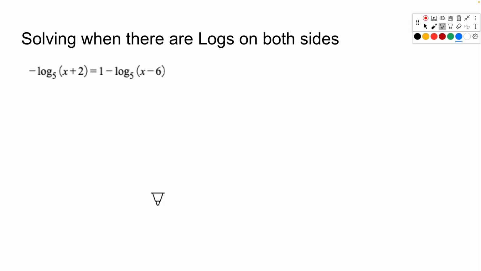How can we solve this thing? Well, if that 1 wasn't there, they're both log 5, and just like the exponential, I could say they're 1-to-1 functions, so if the outputs are equal, the inputs have to be equal, but I can't quite do that because this 1 is there. So, any suggestions?